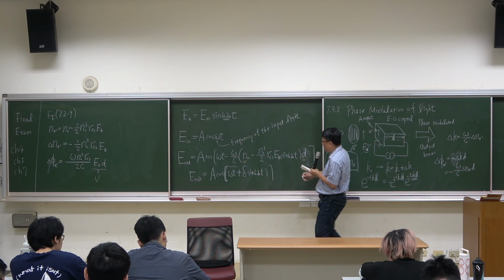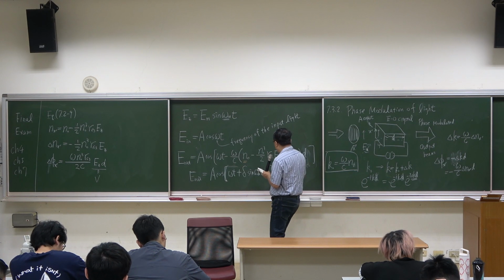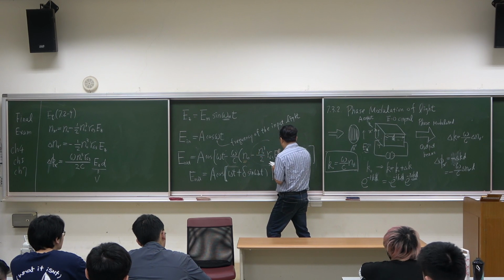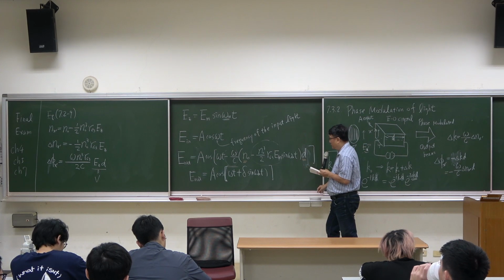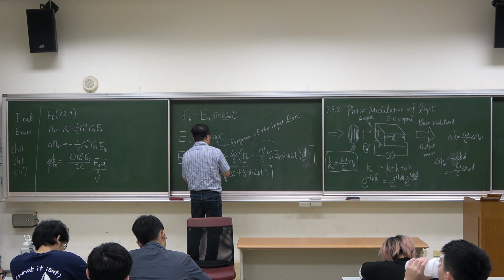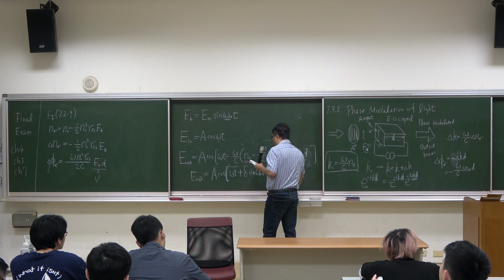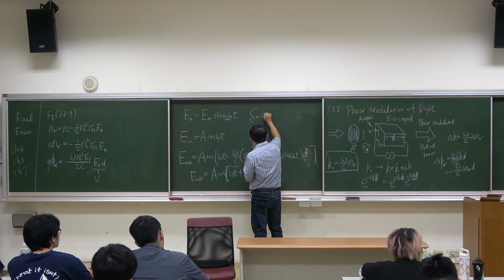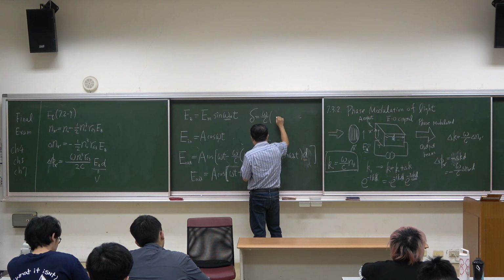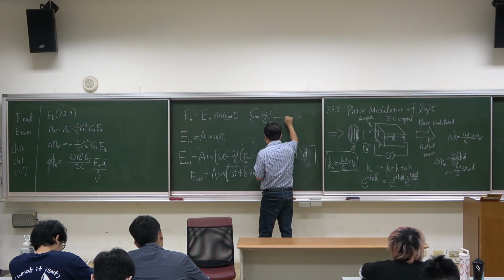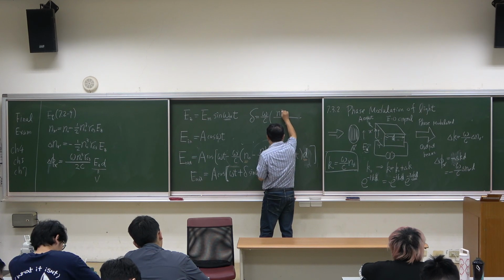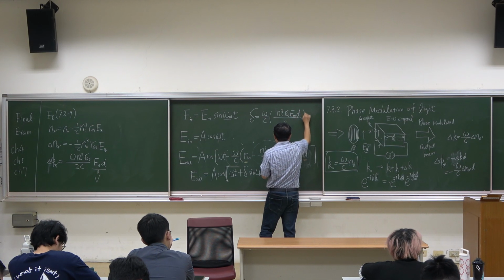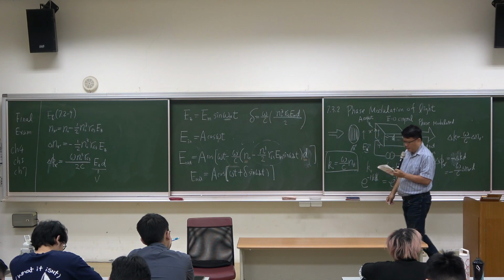Here delta means the product of this constant times this constant times D. Delta is equal to omega over C times this.